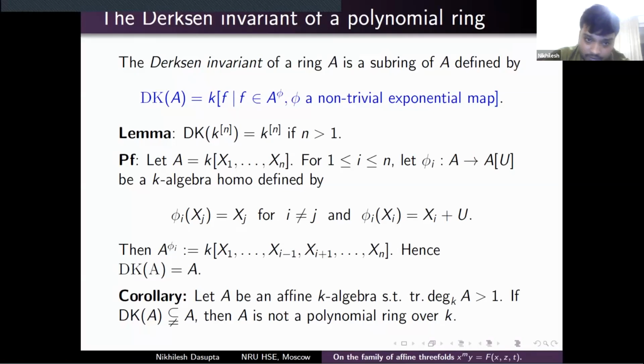Well, the converse need not be true. There might be polynomial algebras where the Derksen invariant is the whole ring, but there might also be affine algebras for which the Derksen invariant is the whole ring but which are not polynomial. That is a different question altogether. But in this direction, we can say that if the Derksen invariant is not the whole ring, then A can never be a polynomial ring.